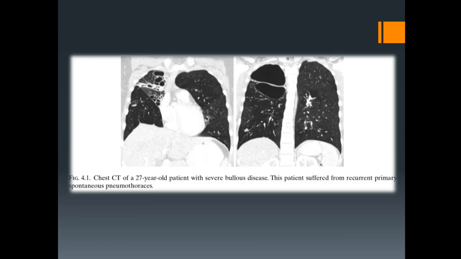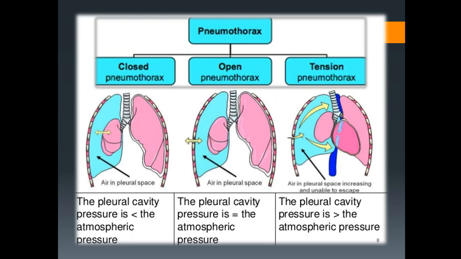This is what we see in multiple cystic disease. Here the bullae appear, a big one, and you can see more than one bulla on the left side of the view. And this is how we can know the type of pneumothorax. Maybe it is a closed one, or maybe you have an open pneumothorax, or maybe you have a tension pneumothorax.